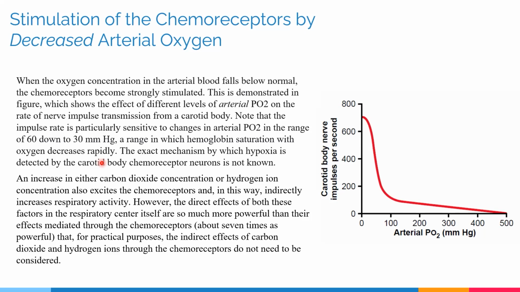But when the partial pressure of oxygen decreases further, moving down from 60 millimeters of mercury to about 30 millimeters of mercury, the efficiency of the hemoglobin buffer system decreases rapidly, and hemoglobin saturation with oxygen also decreases rapidly.